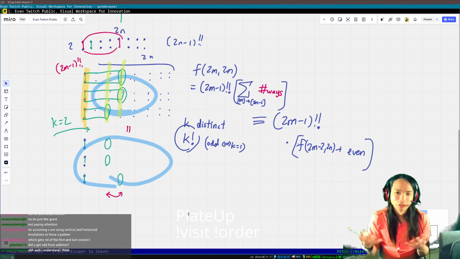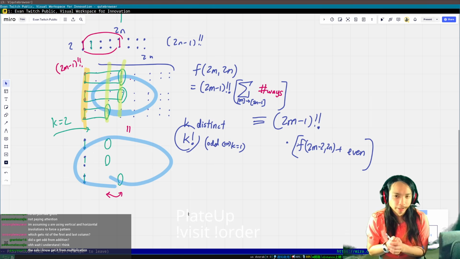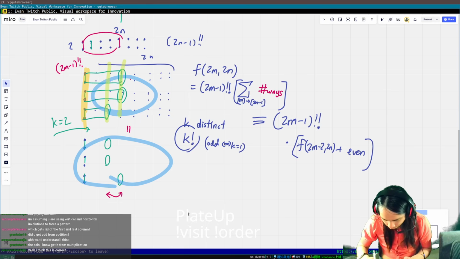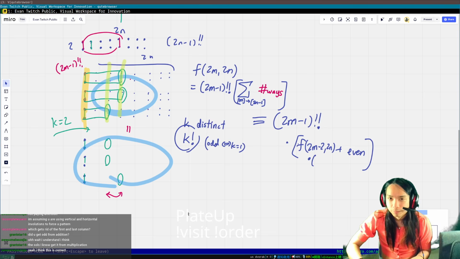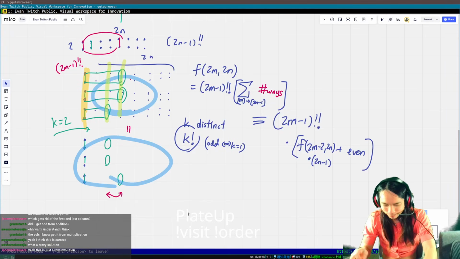And in general, if there are k columns used, they come in groups of k factorial. So all of those are even and they die, and I only care about k equals 1. Oh sorry, I left out a multiplier of some 2n minus 1 or whatever. So this works, right? Okay, cool. All right, great. I'm not crazy.